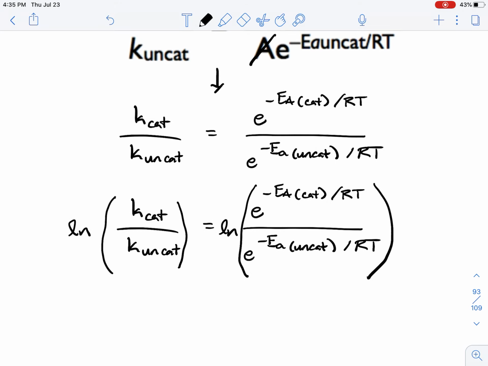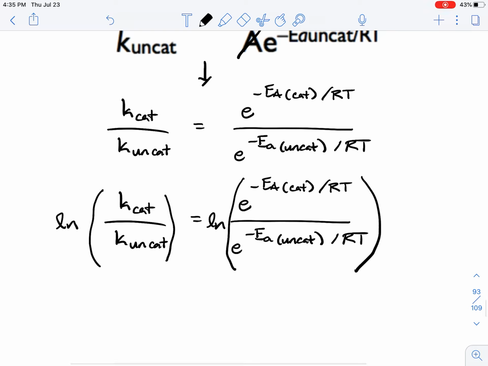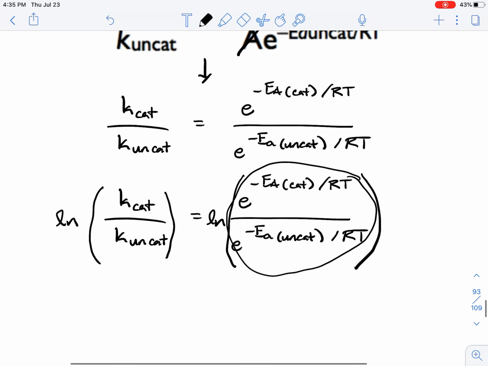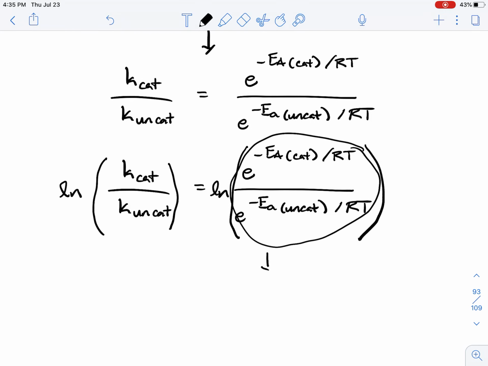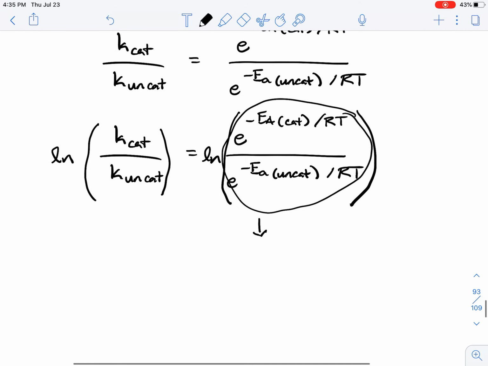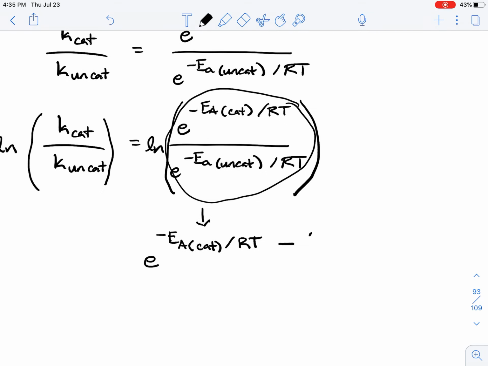I can actually simplify this term first. By simplifying this term, I get negative EA of the catalyzed over RT minus, in parentheses, negative EA of the uncatalyzed reaction over RT.